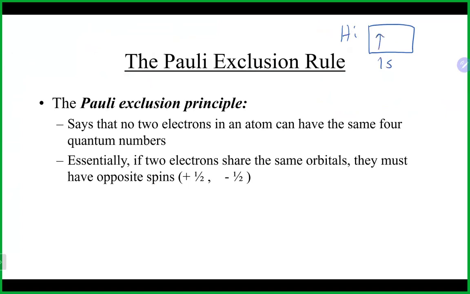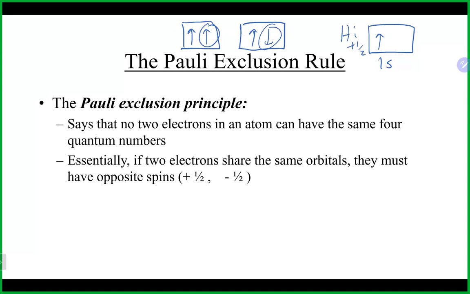We already have basically one electron in there, and that is plus 1/2 in terms of its spin. Now, we have really two options as to how to put our next electron in. We could either put it in facing the same way or heading in the same direction, or we could put the next electron in heading in the opposite direction.